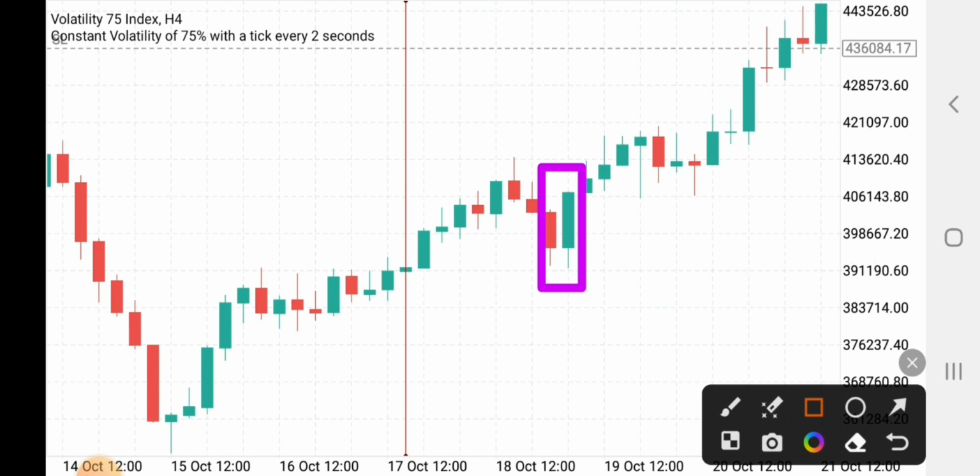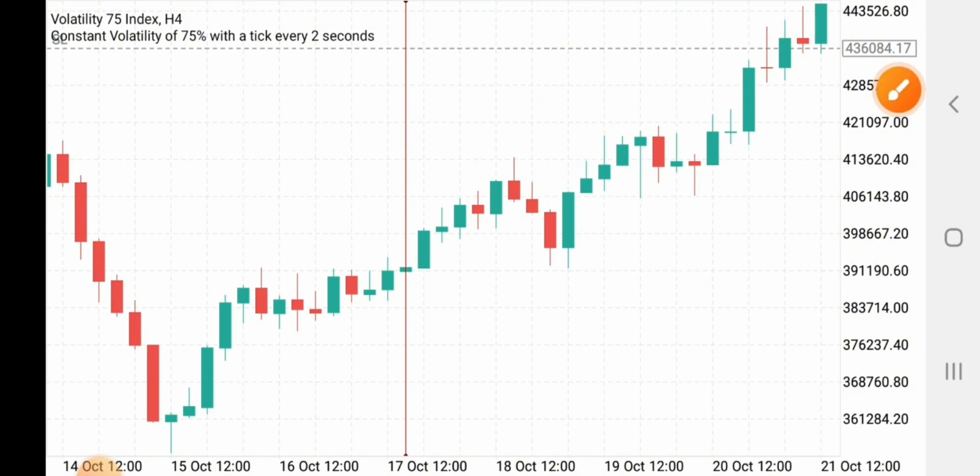You can see the low of this candle covered the low of the bearish candle, and the closing of this candle completely closes above the bearish candle, which is a bullish engulfing candlestick. This bullish candle engulfs the bearish candle, and the low also engulfs the low of the bearish candle. This is exactly what you want. You make your entry here, your stop loss here, your TP times 2 of your entry. As simple as that.